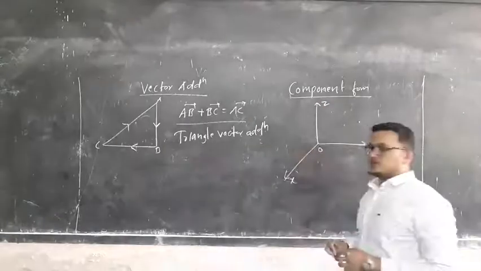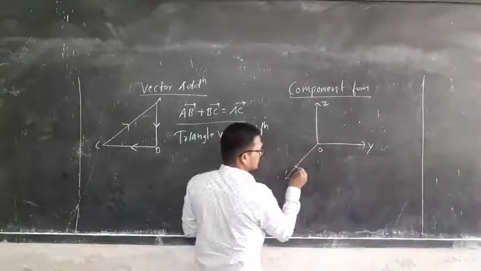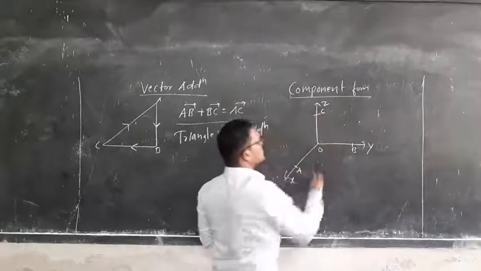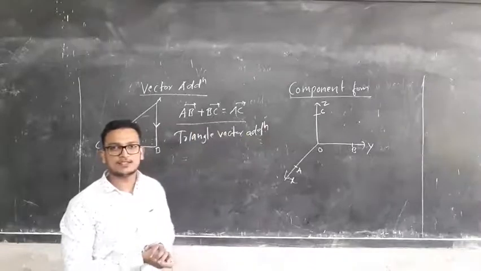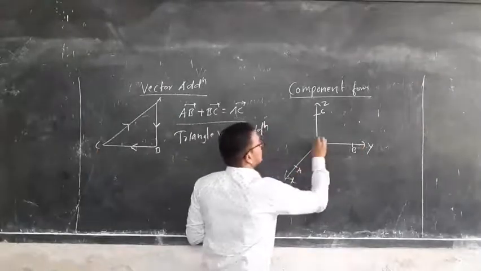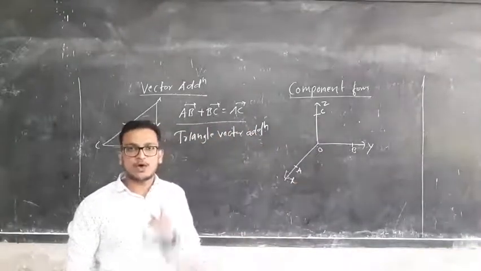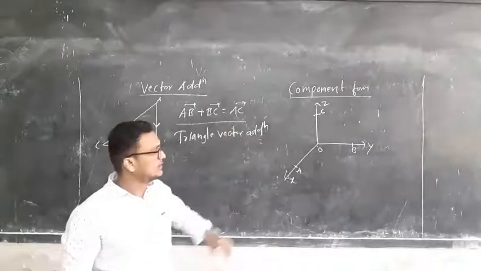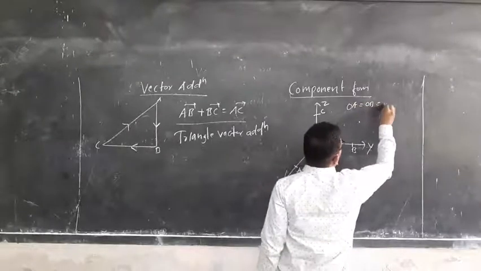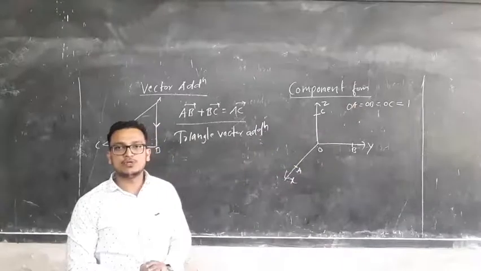In this plane or space I am going to take a point on the x-axis, y-axis and z-axis, that is A, B and C. Here OA, OB, OC all have magnitude 1. Therefore OA equals OB equals OC equals 1.